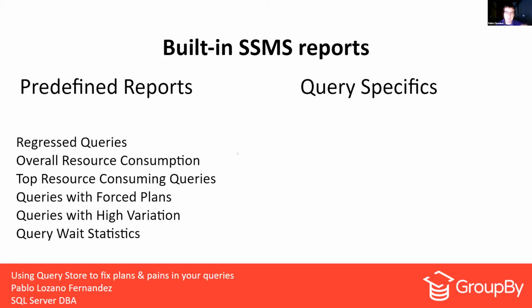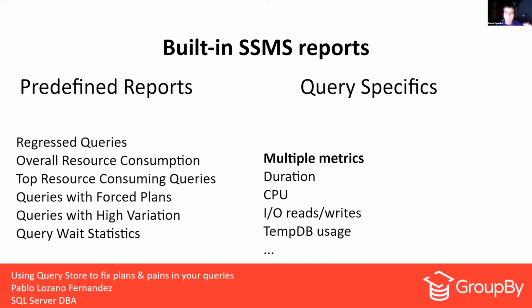So Query Store has some reports for that. You have multiple metrics you can build your report from. That can be duration, CPU, I/O rates, tempdb usage, memory, even the log space usage. You have all these metrics to select from, and for each of those metrics you can use different statistics.